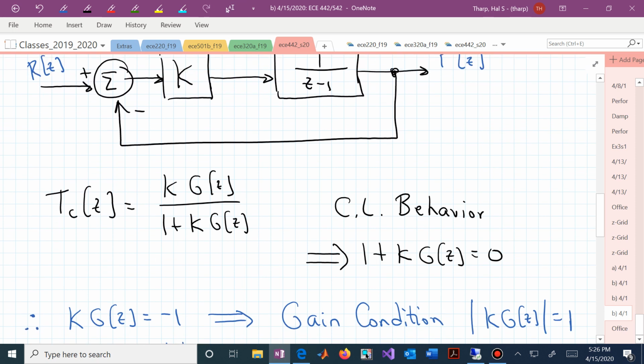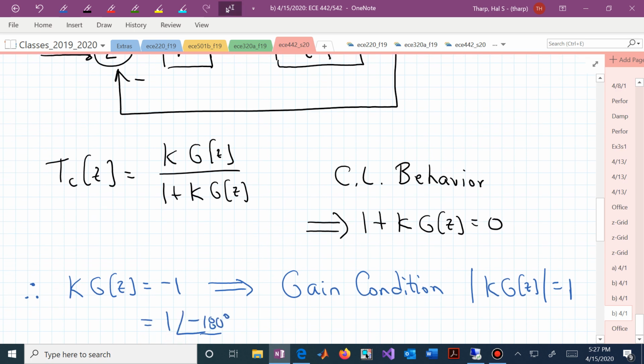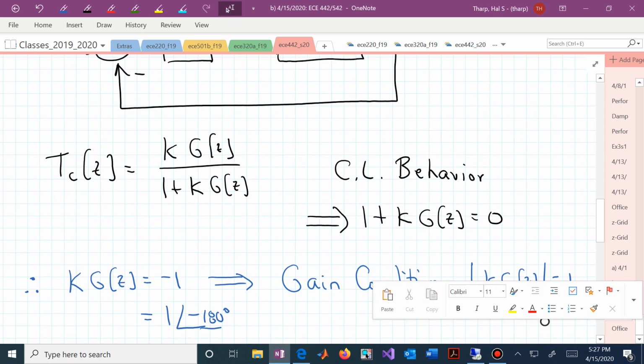We can solve that for kG by subtracting 1 from both sides, and minus 1 is 1 at minus 180, so the magnitude of that expression has to equal 1. That's the gain condition.